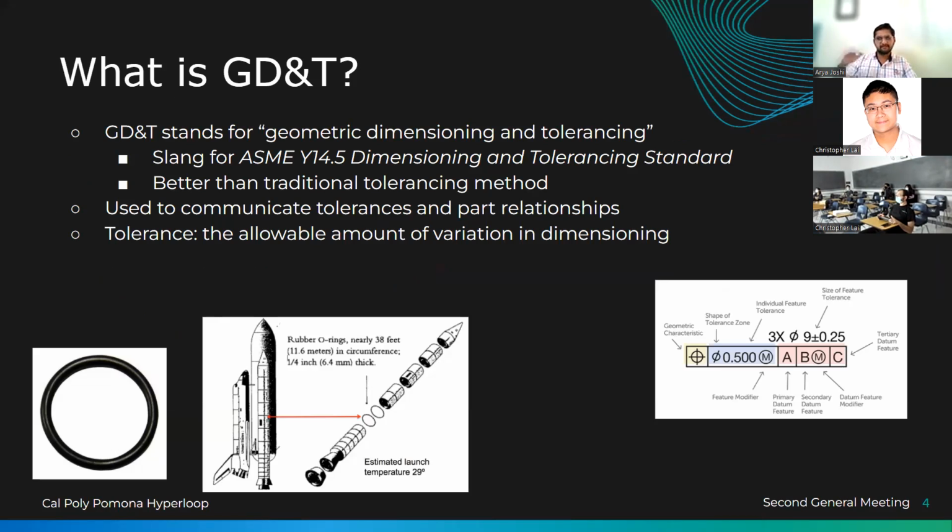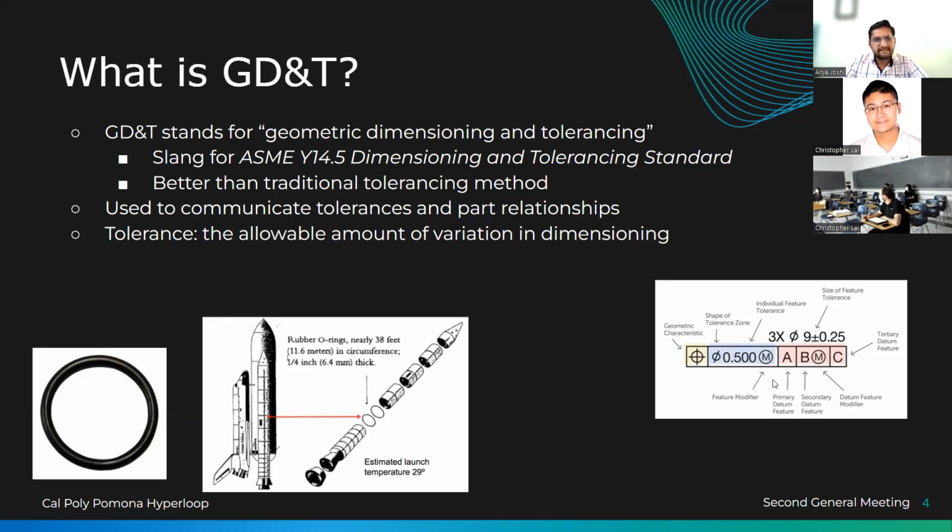So that's the code that ASME has set to deal with tolerances and dimensioning in designs. So on your right, you can see an example of what GD&T would look like. There would be a geometric characteristic, shape of tolerance zone, and all these other values. So we'll get more into that later.